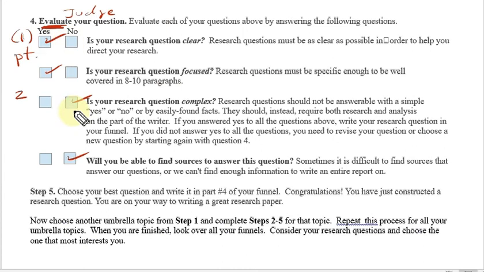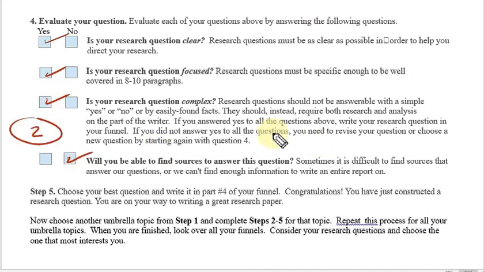Or maybe if you minus it, brings 0 points. Let's see how that works. Let me clear this. Okay, let's say you say yes, yes, yes, but no. Then that's 3 minus 1, so the total score of that question would be 2. Are you confused yet?